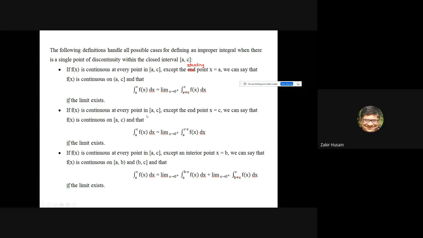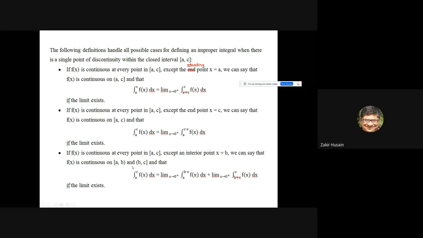If the function is discontinuous at the end, it becomes a semi-open interval. It's closed at the starting point, open at the end. So now, instead of plus epsilon, we are going to have C minus epsilon, if the limit exists.